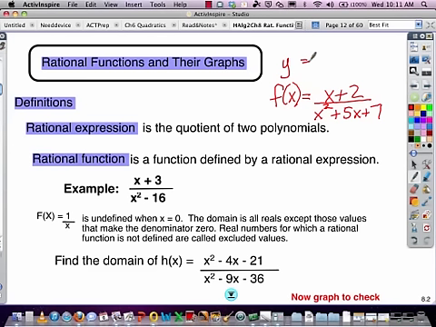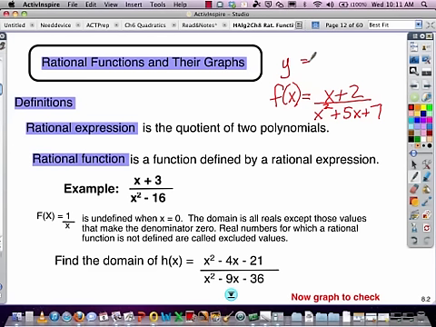So if you have a function, 1 over x is undefined when x equals 0. In other words, we've always said what you have to worry about is the denominator. Your denominator can never be 0 because we can never divide by 0.